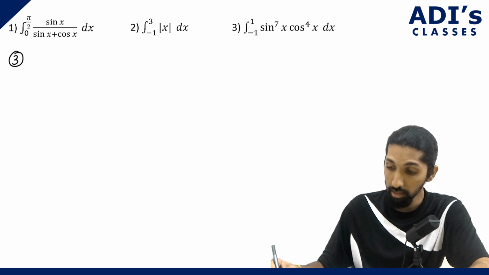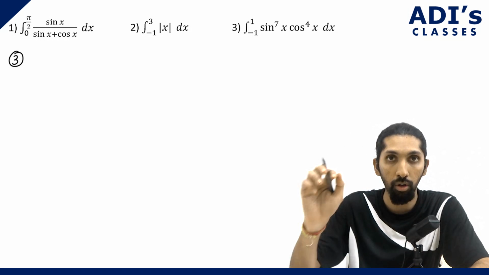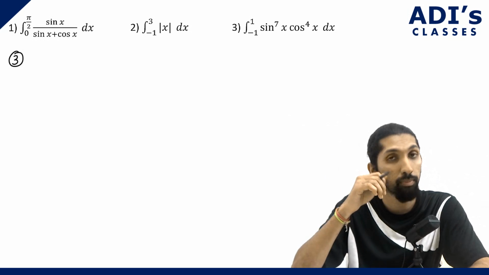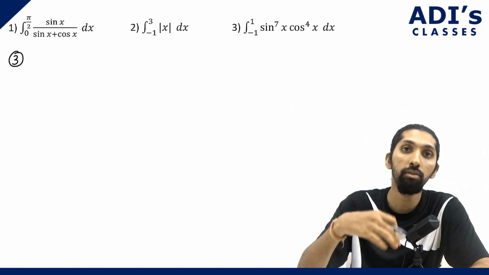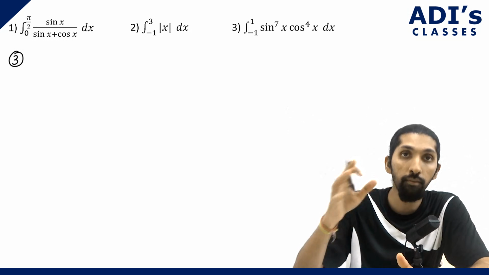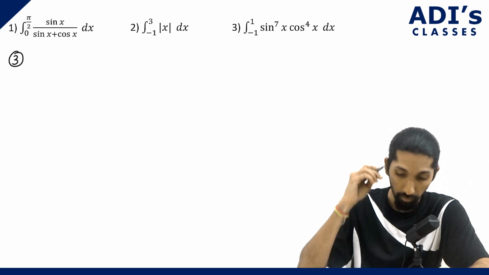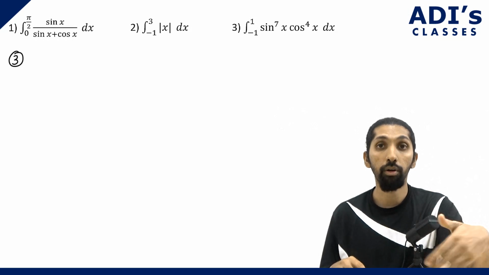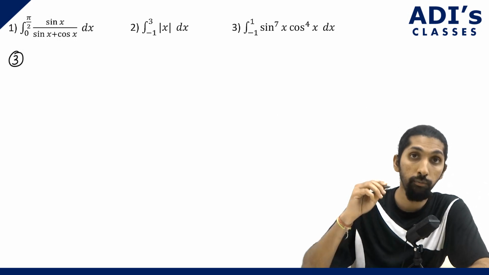So always try to check whether the function is even or odd. You might not know just by looking at it. That's why we substitute the values and check, so that it's confirmed whether it's an even or an odd function. Fair enough? What is the condition for a function to be an odd function?